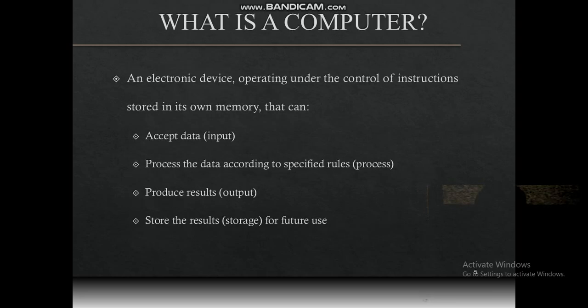Let me start by giving you the full definition of what computer is all about. A computer is an electronic device operating under the control of instructions stored in its own memory that can accept data as the input, and then process the data according to specific rules, and then produce the result, that's the output, and then store the result, that's the storage device.